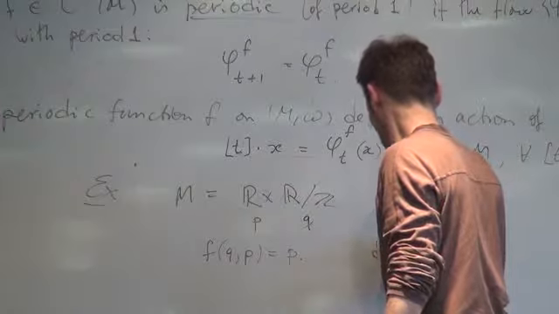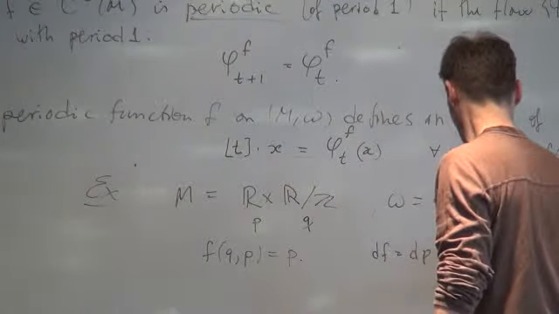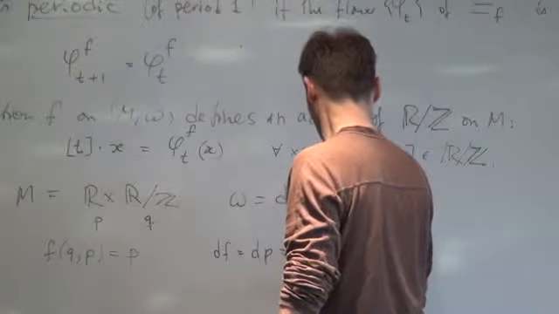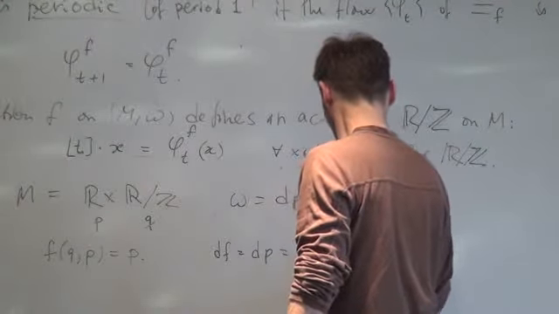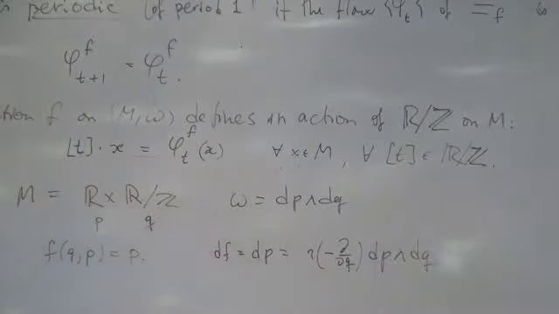So df is dp, which is the contraction of minus d/dq with dp wedge dq. Right?